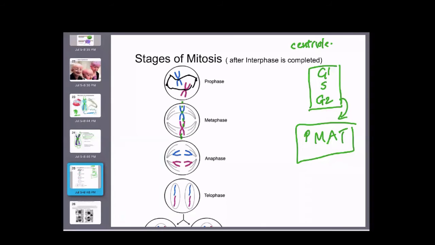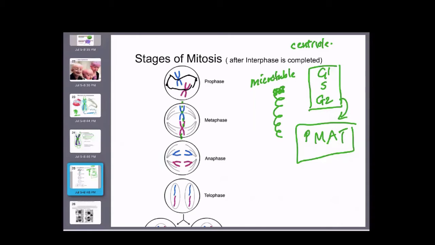And spindle fibers are microtubules. So jump back into chapter 3 and review microtubules, which are little pieces of protein that assemble together in a hollow-like tube structure, and they attach at the centromere and pull them apart.